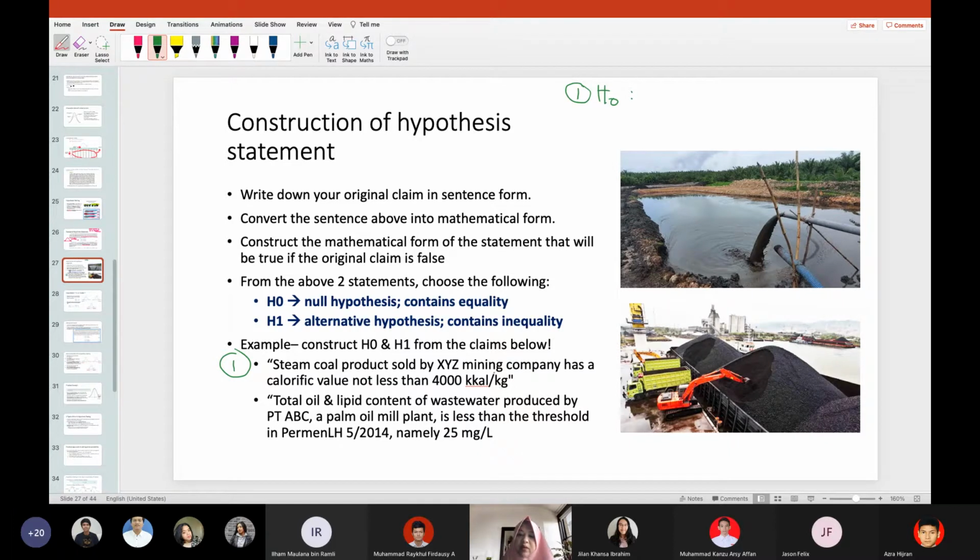So what is the mu that is claimed by the company for the steam coal? Remember, the null hypothesis will contain equality, so mu equal to.